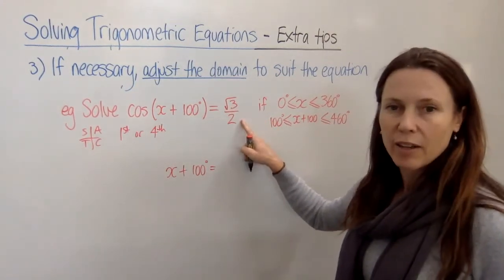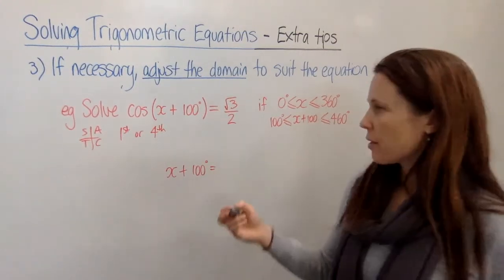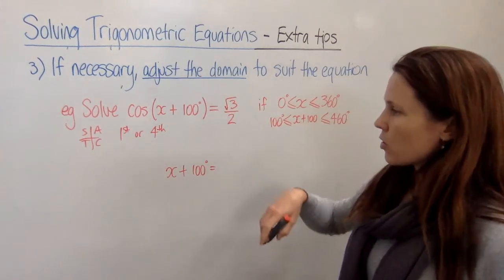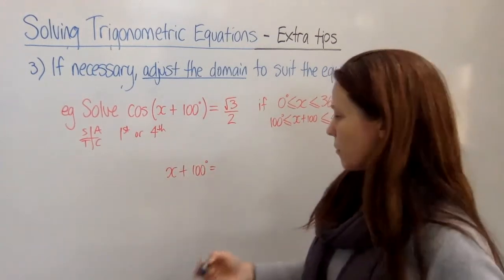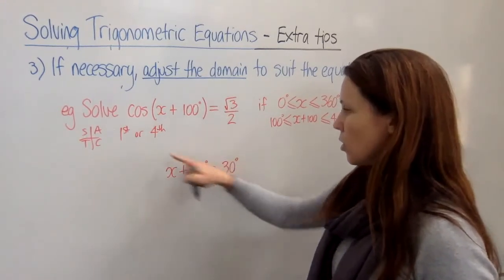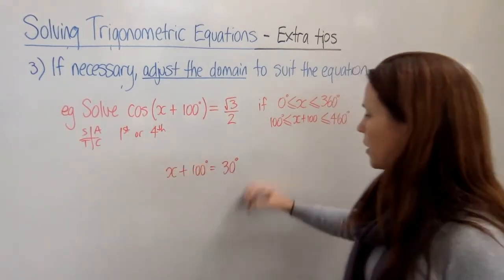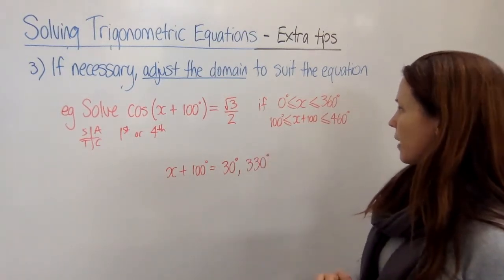It's one of the exact values that we should have learnt now. So I know that cos of 30 degrees is root 3 on 2. So that tells me that x plus 100 degrees must be either, well, 30 if it's in the first quadrant, or if it's in the fourth quadrant, then I need to do 360 minus 30 to get that.